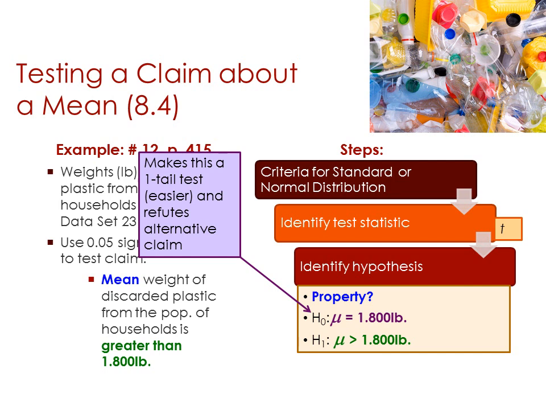So we're going to be saying simply that the mu is equal to 1.800. We're not setting the criteria for less than. We're just going to set it for equals to. So we've got our mu is equal to 1.800. If that mu is equal to 1.800, then it clearly refutes the claim that it's greater than 1.800. All right, so now we have our hypotheses in place.